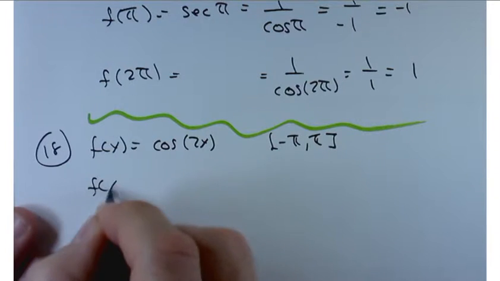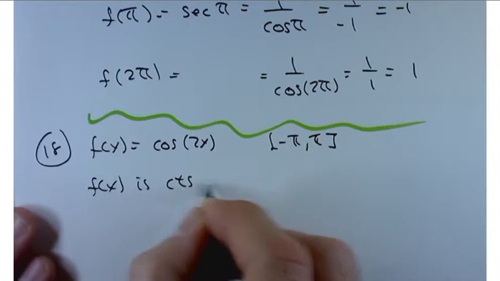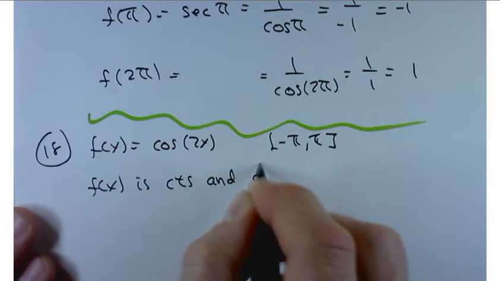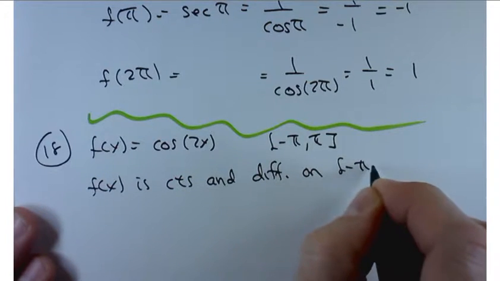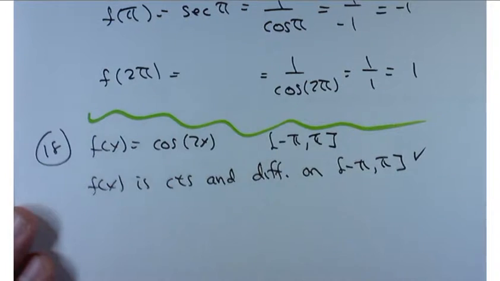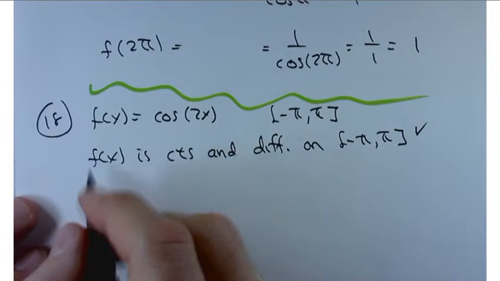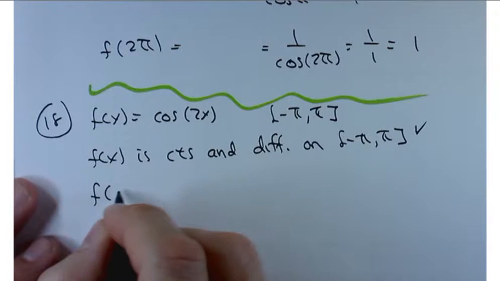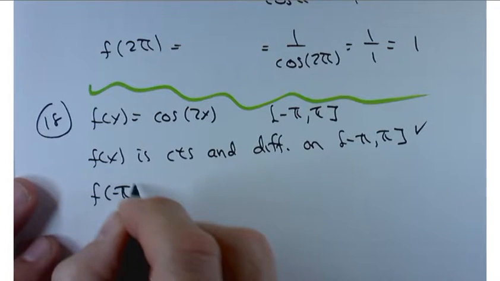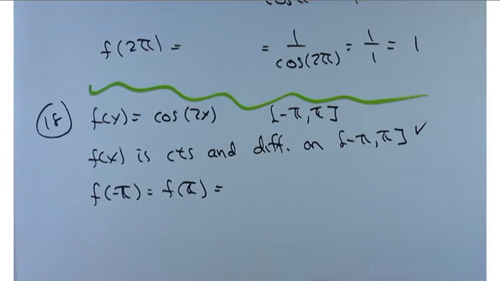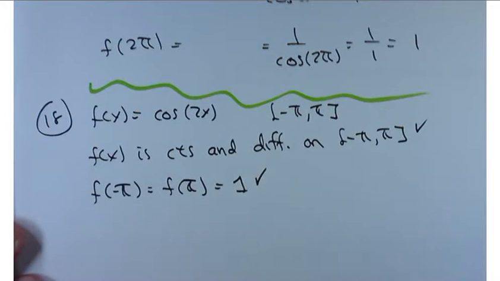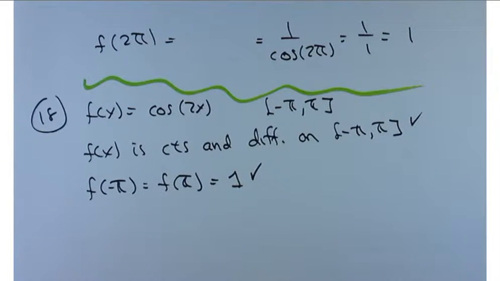F of x is continuous and differentiable on -pi to pi. So that part's good. And the other part that we needed to check was this: f of -pi equals f of pi. And both of those gave us a 1. So all the assumptions of Rolle's theorem are met.